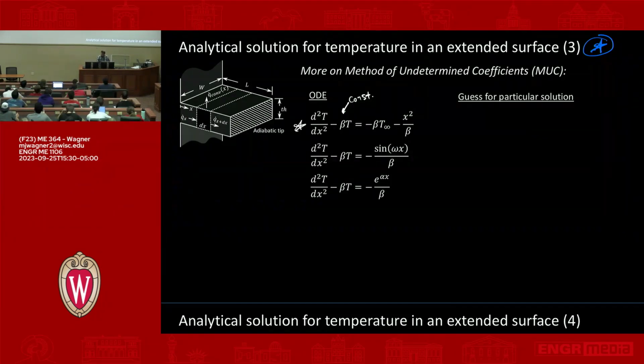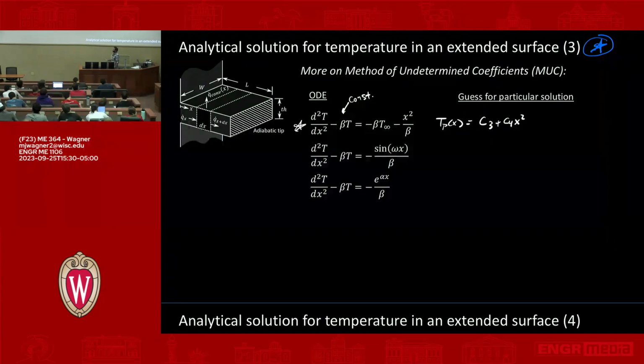Well, let's guess that TP of x is equal to, well, we see a constant on the right-hand side, so let's guess that there's some constant involved, C3. We see an x squared term on the right-hand side, so let's guess that there's C4 x squared.